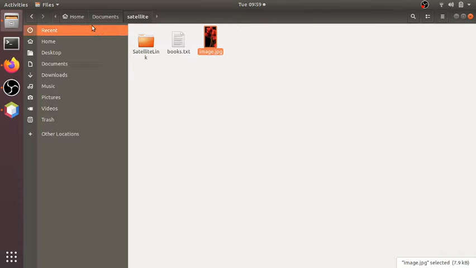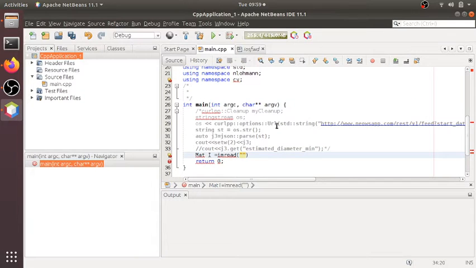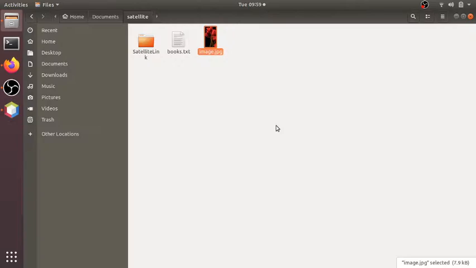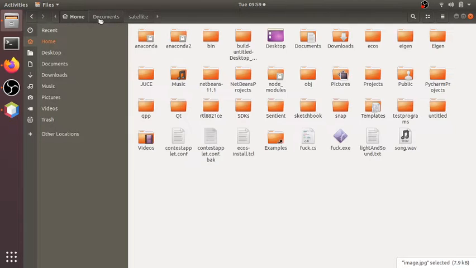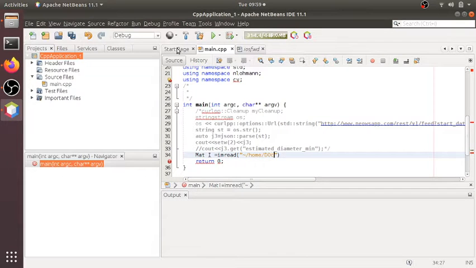This is in home documents satellite. So it's gonna be like this. Home, yes. Home is capital H. Home documents satellite. Oh, small s.